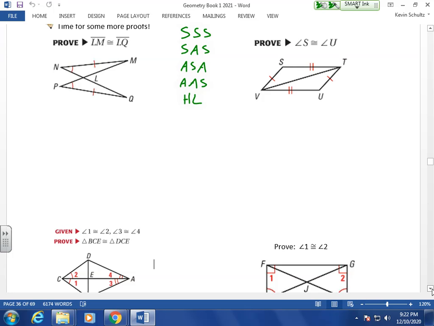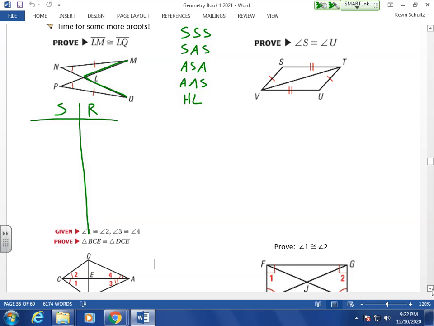All right. So we are going to set up our statements and our reasons here. And notice there's no given statement, only a proving statement. It says prove that segment LM is congruent to segment LQ. Well, LM is this segment there, LQ is this segment there.